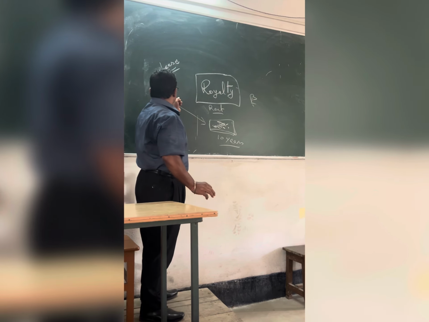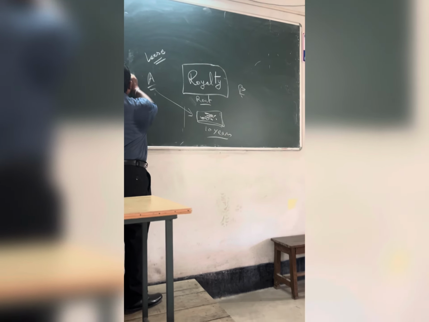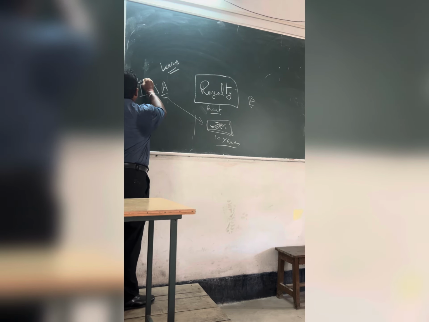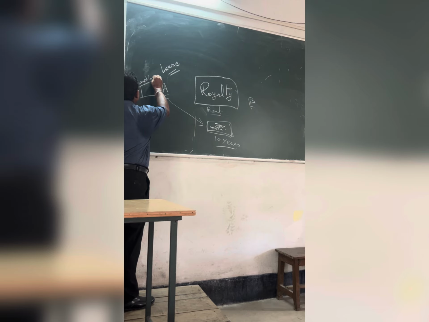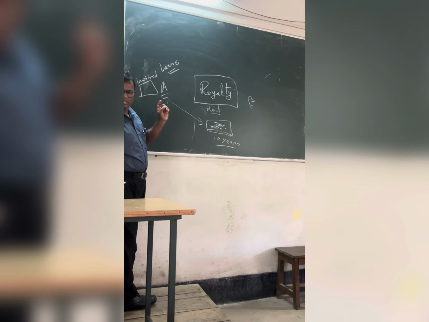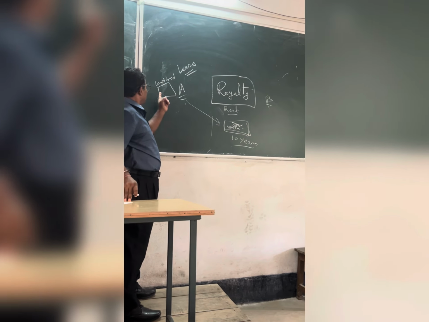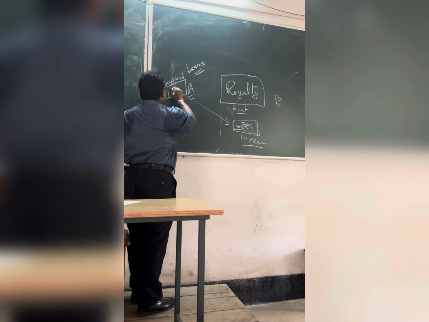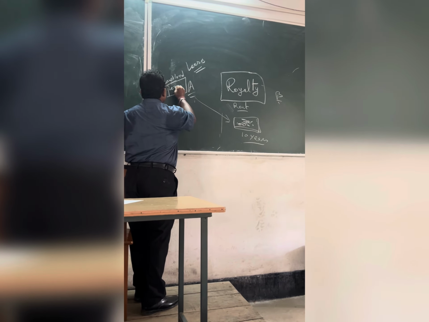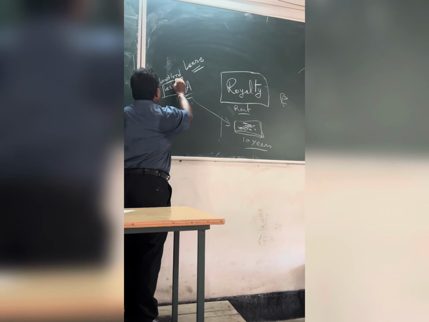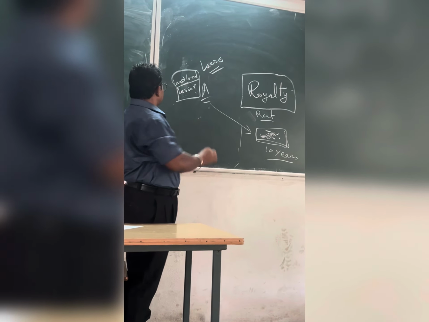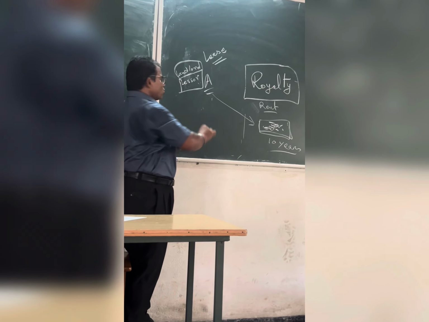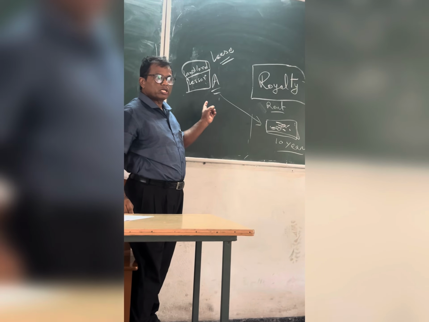Now, this person who is the owner is known as landlord, and he is also known as lessee or lessor. Landlord or lessor. The person who is the owner is known as lessor.